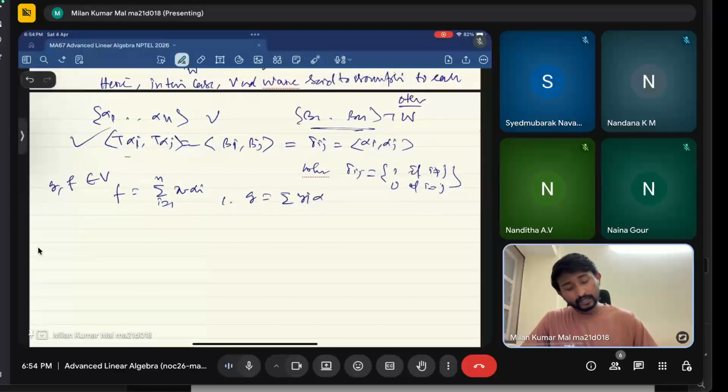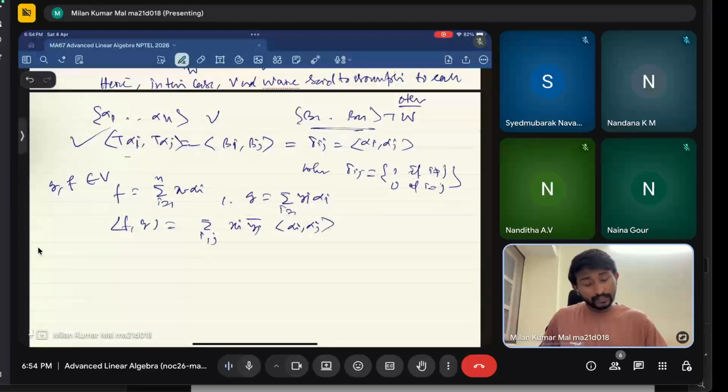Since the inner product of alpha i and alpha j is 1 if i equals j and 0 if i not equals j, you will get that this is actually the standard inner product, the summation of xi yi bar. This is a single summation, whereas here it is a double summation.